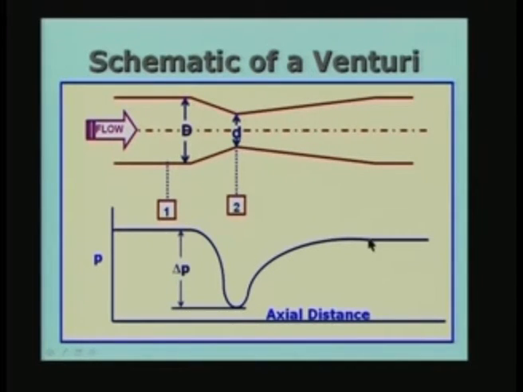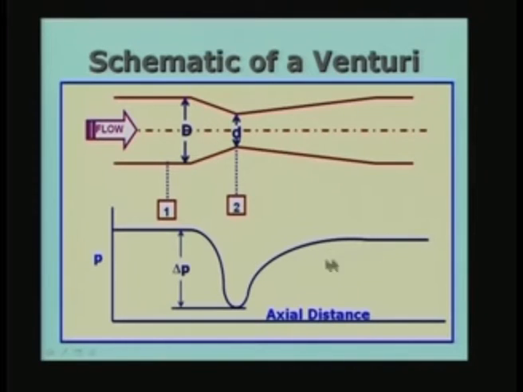But you will see that the pressure here is slightly different from the pressure here, because the pressure does not come back to the original value; there is a slight difference between P1 and the pressure at the exit. This difference is called the irrecoverable pressure loss, and later we will see how it varies with different flow metering devices: the venturi, the nozzle and the orifice plate.